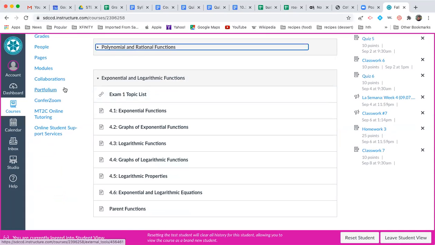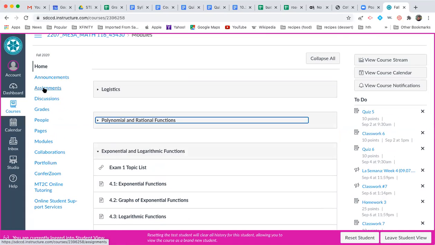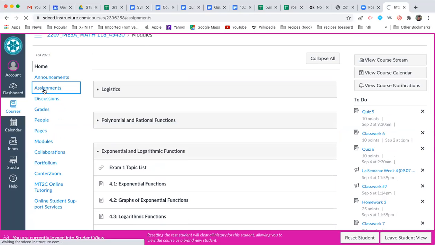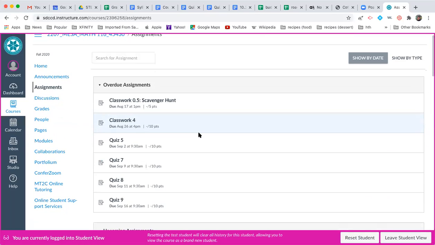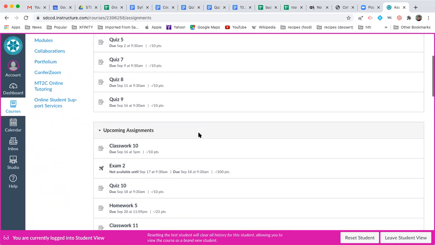So where you're going to go is into the assignments, okay? And you're going to go down until you see classwork number 10, all right? So we're doing classwork number 10.